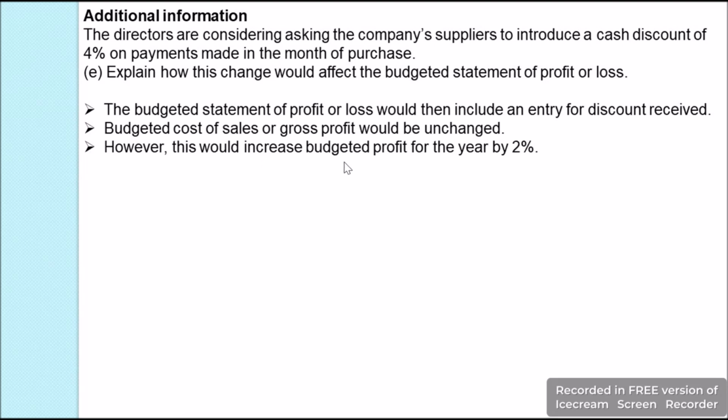However, the budgeted profit will be increased by 2%, because we will add this discount received after calculation of gross profit, and then we calculate the profit for the year. Now why this 2%? Because here we are just paying half of the payment of the purchases, hence half of the 4% will be the 2%, and our budgeted profit will increase by 2%.